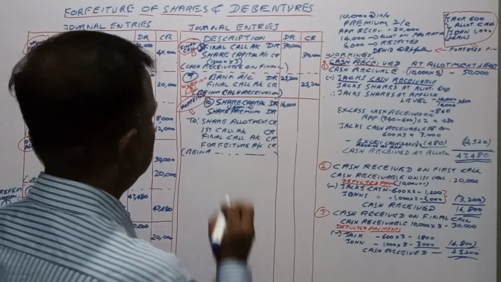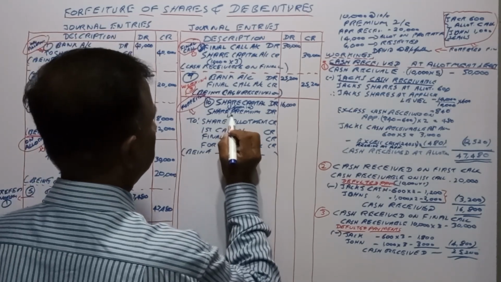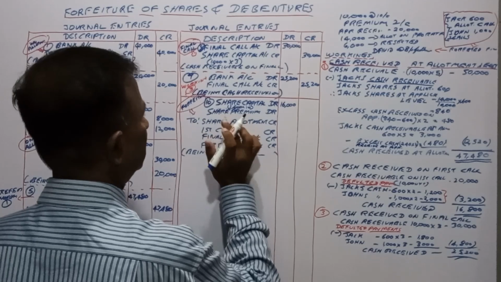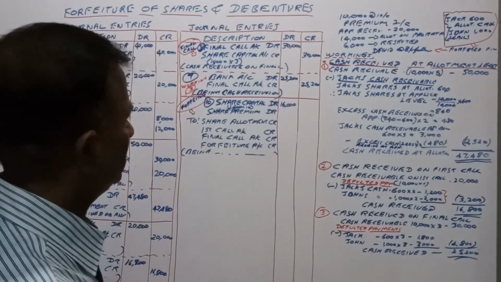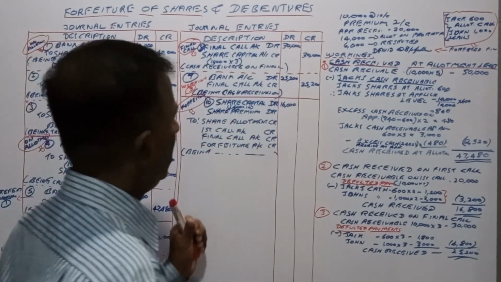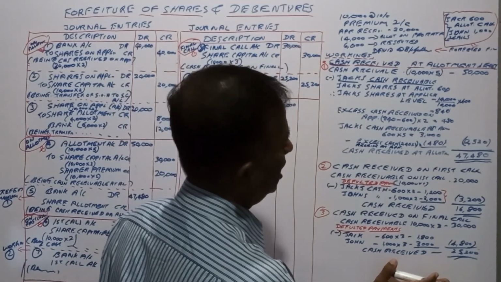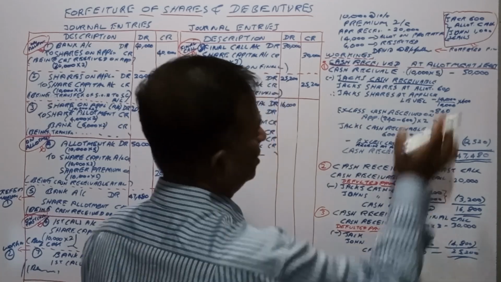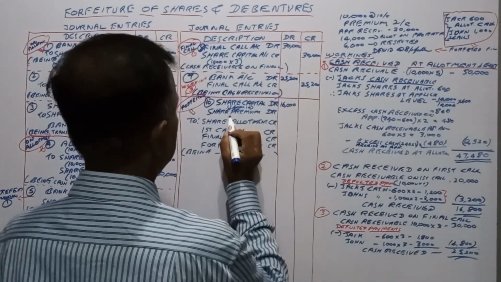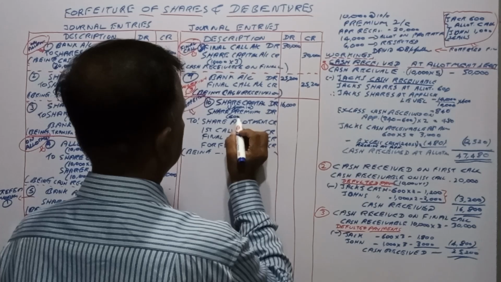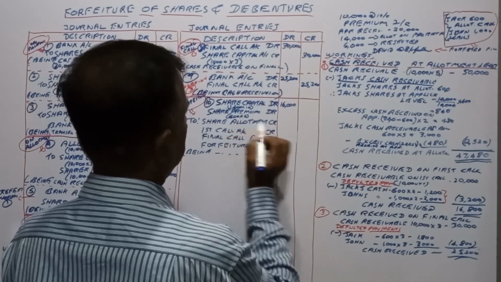Share premium is 600. How much is the share premium? We have not yet received it, it is in arrears. 600 shares into 2 premium.